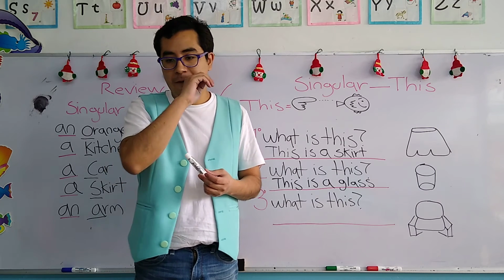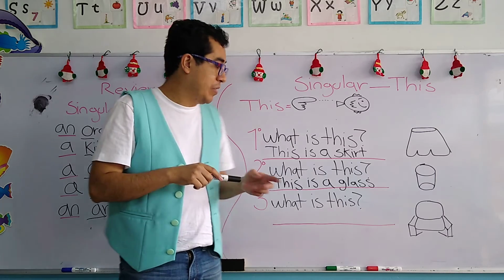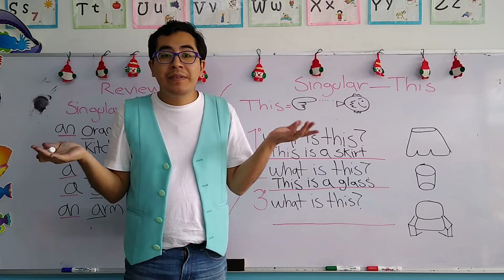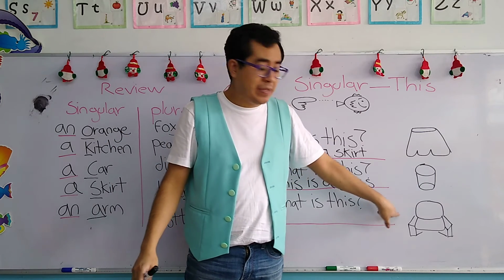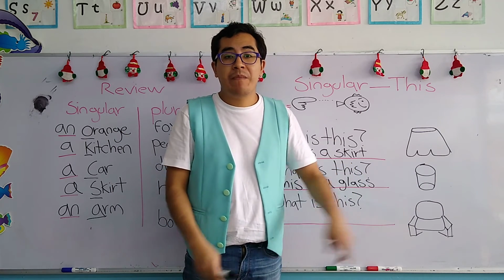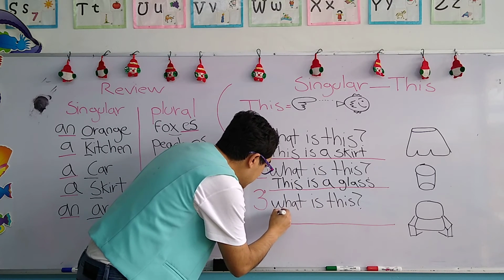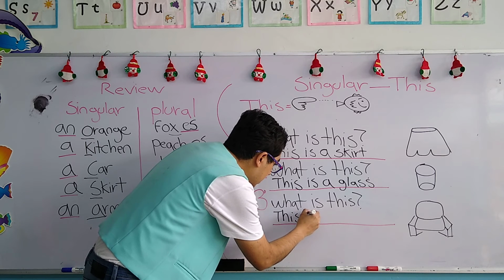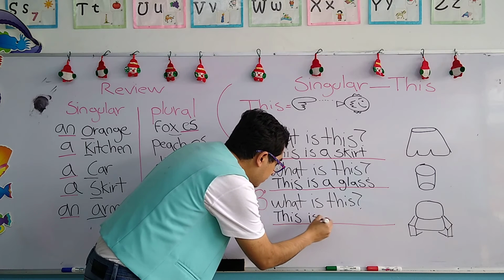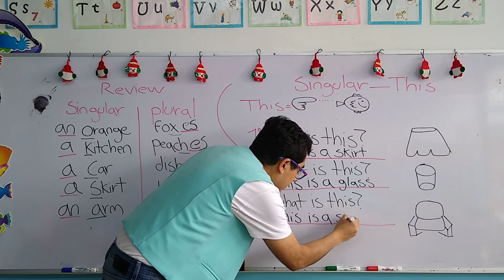Excellent. Very good. And finally, the last one, it says, what is this? What is this? ¿Qué es esto? Remember, we start with, empezamos con this, esto, this is a sofa.